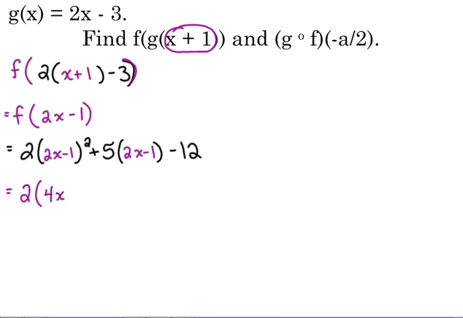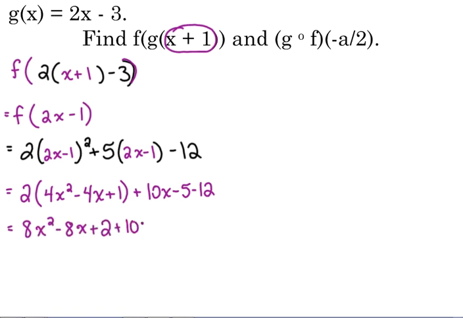Foil that. 4x squared minus 2x, so minus 4x. Negative 1 times negative 1 is positive 1. Distribute the 5. Don't forget about the minus 12 on the end. Distribute the 2. Go ahead and combine the minus 5 and the minus 12.